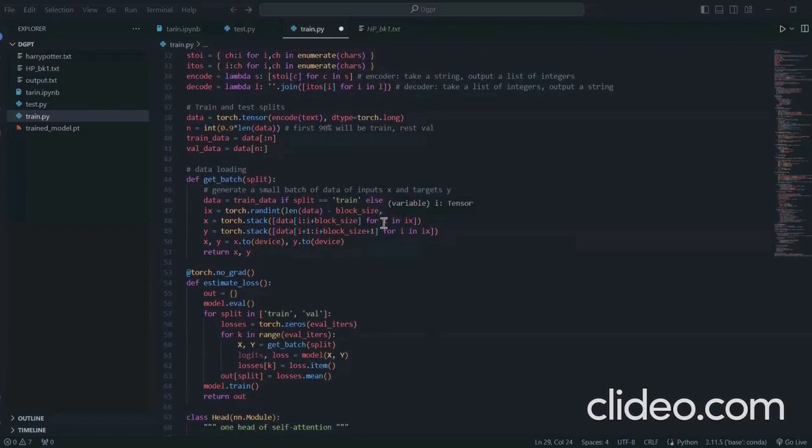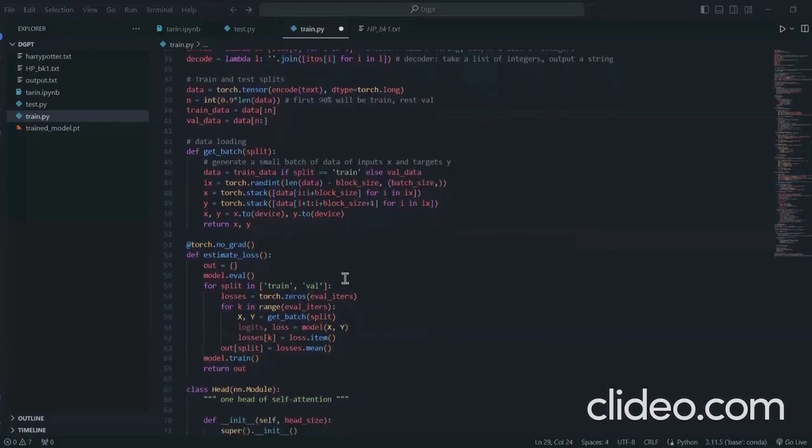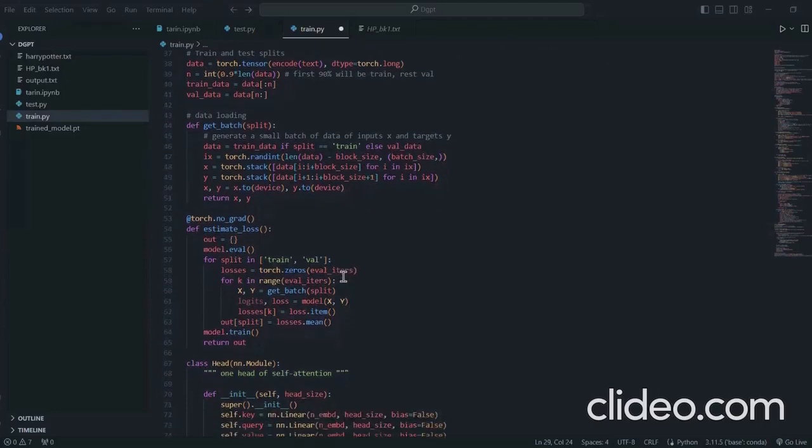This creates many batches of training or validation data. It randomly selects subsequences of text from the appropriate dataset and prepares them as input and target output tensors for the model. This facilitates efficient training by processing small chunks of data at a time.